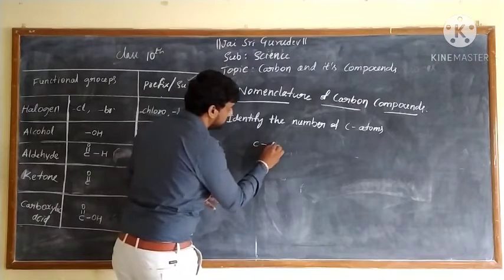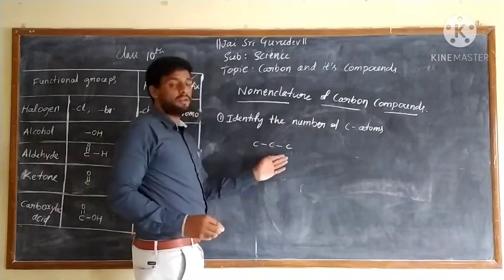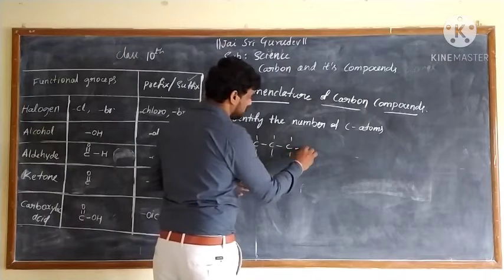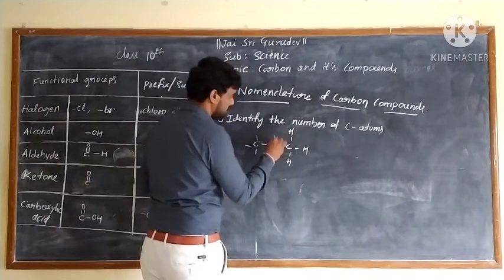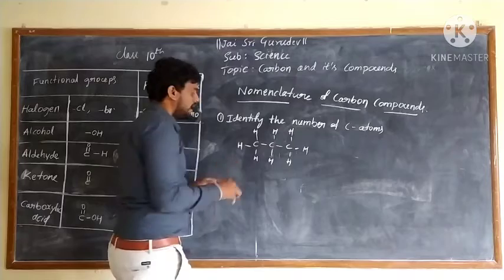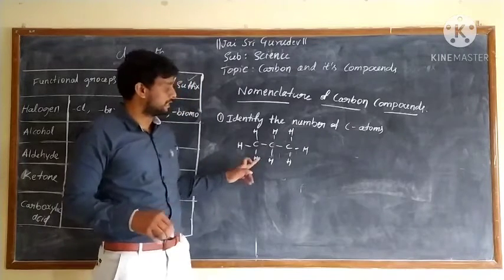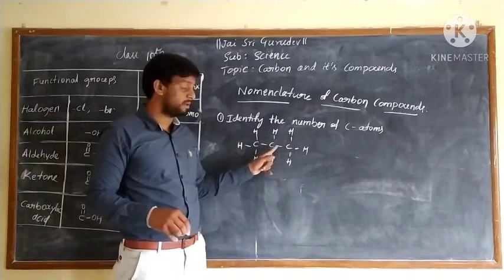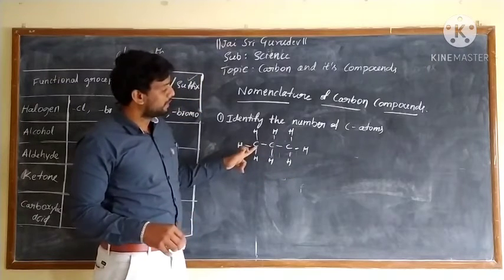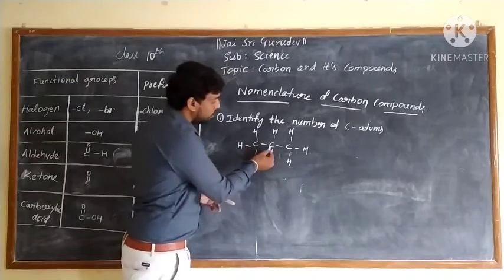For example, 3 carbon atoms are linked to each other. Observe this compound. It is saturated because it has single bonds between the carbon atoms. How many carbon atoms are there? 1, 2, 3.